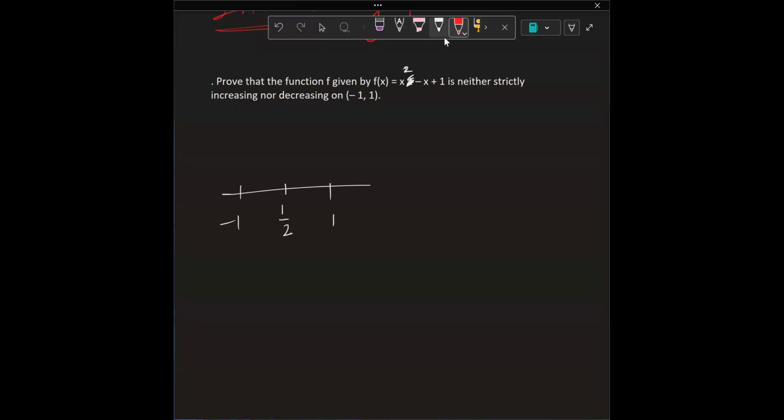So what you will get for -1 to 1/2, your function will be decreasing when you solve this by derivative, and for the other part this is increasing.